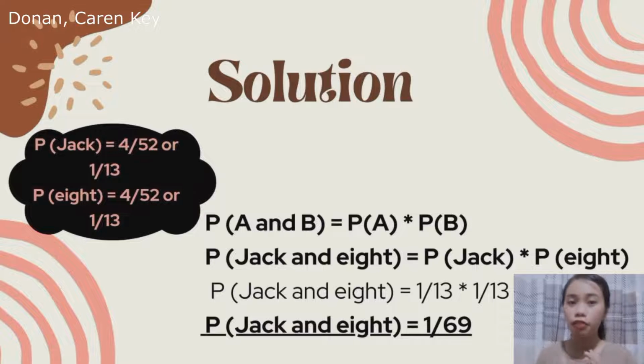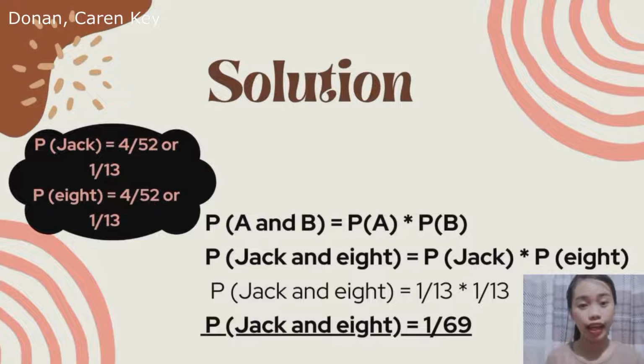So the probability of jack and 8 is equal to 1 over 13 multiplied by 1 over 13. Okay. Kasi nga, sa standard cards, merong 52, diba, tayo na cards. Tapos, merong 4 na jack doon. So, that's why 4 over 52, or in its simplest form, 1 over 13. So, ganun din sa 8. Kasi nga, may 52 cards, tapos may 4 na 8 doon. So, that's why 4 over 52 then.